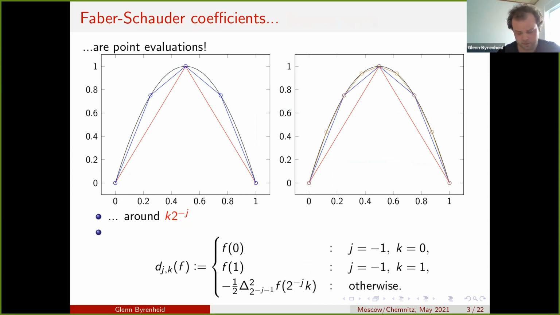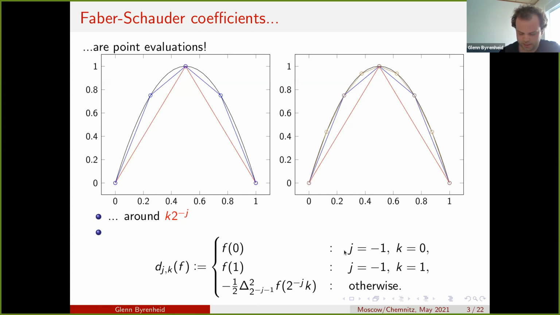The first level is only to secure boundary values in the interval [0,1], and for every level j bigger than -1, the corresponding coefficients are based on second order differences centered around points k times 2 to the power -j.